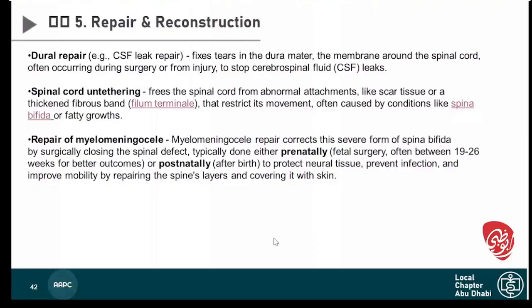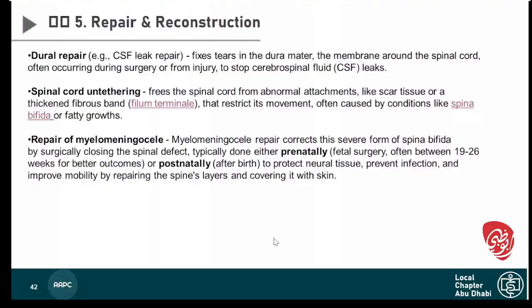Then comes repair of myelomeningocele. This is mainly for spina bifida correction. Myelomeningocele repair corrects this severe form of spina bifida by surgically closing the spinal defect, typically done either prenatally or postnatally. I mean, intrauterine surgery may be performed, or surgery after birth, to protect the neural tissue.